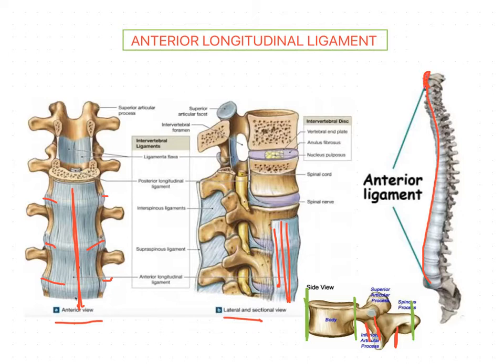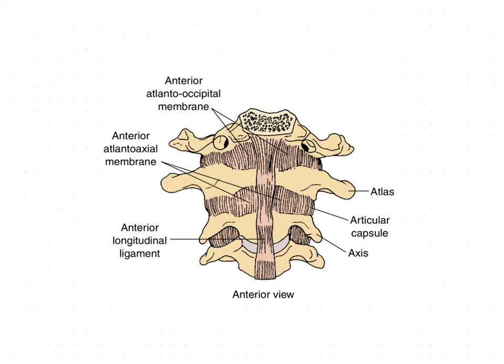From C2 to the occiput, they are called the anterior atlanto-occipital as well as the anterior atlanto-axial ligaments. Here you can find the axis, which is C2, and this is C1. Here you can find the occiput.